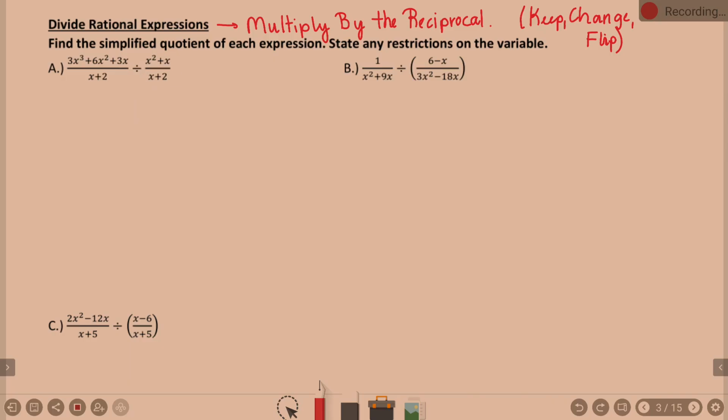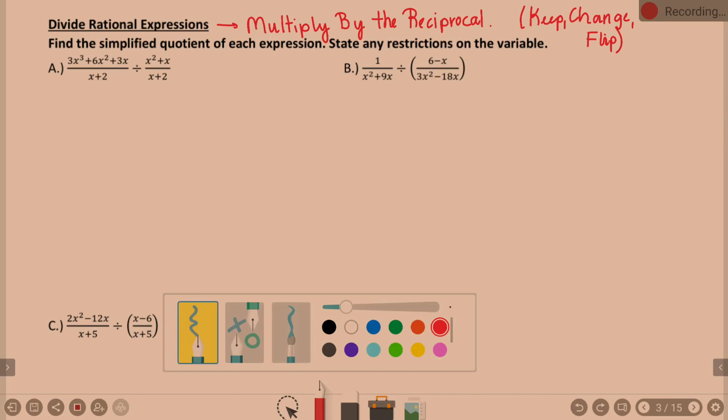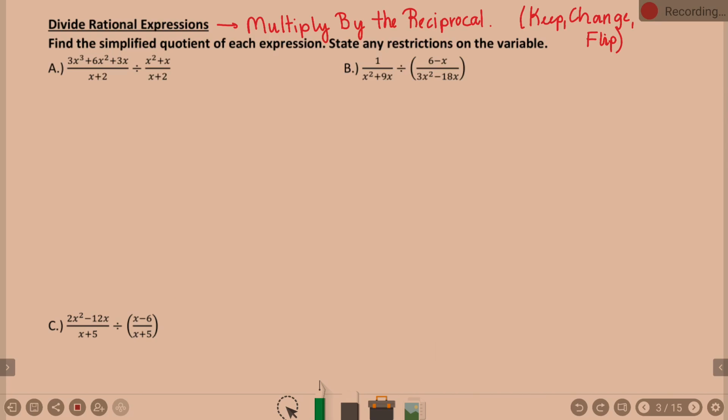Now, keep, change, flip is your shortcut. So keep the first fraction, change division to multiplication, and flip the second fraction. Okay? Once you get past that, it's the same as what we've been doing. Now, if you want to factor as you start going, that's fine. I'm going to go ahead and just straight up start with keep, change, flip. So I'm going to keep the first fraction, 3x cubed plus 6x squared plus 3x over x plus 2.